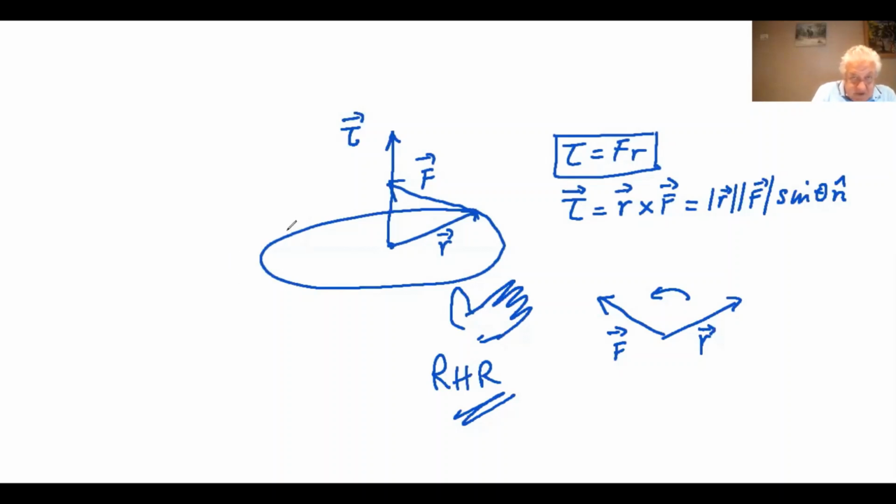This is for rotation in this direction. Try it yourselves and let F point the other way, and then see which direction torque goes. It's going to be in the opposite direction, but try and convince yourselves of that.